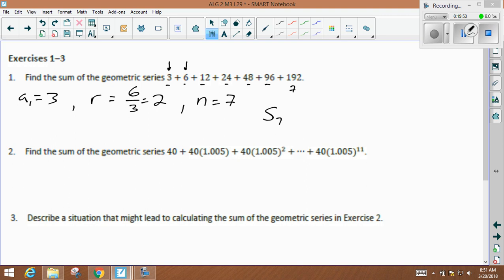So S sub 7 is equal to 3 times 1 minus r to the 7th power divided by 1 minus r, which is going to turn out to be something.